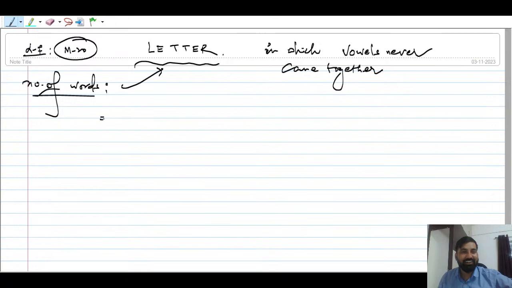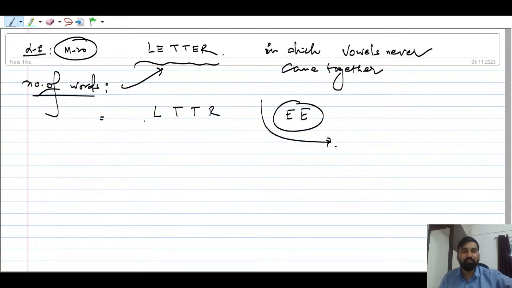So the answer will be what? L, T, T, R: you arrange them first and forget about the two E's. There are two vowels, you just forget about them. How can we arrange them? There are 4 letters.